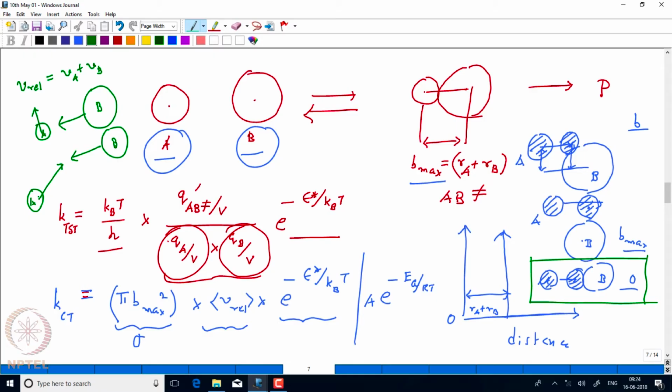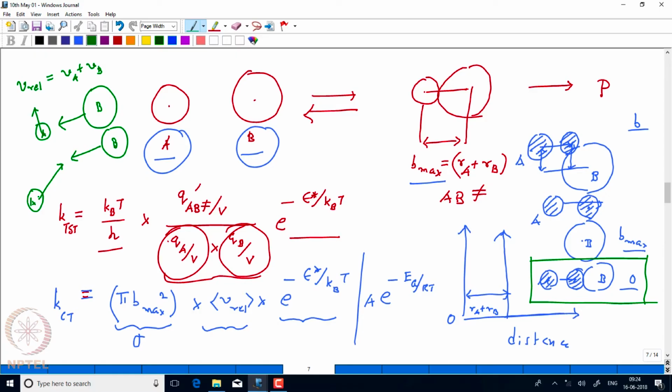So what we can argue from here is that if we want to calculate the relative velocity, we have to think as if these two things are colliding at 45 degrees to each other, and then we have to take the relative velocity component. If I have a head-on collision, we add up, but this adding up comes from cosine of 0 degrees, because we have a 0 degree collision here.